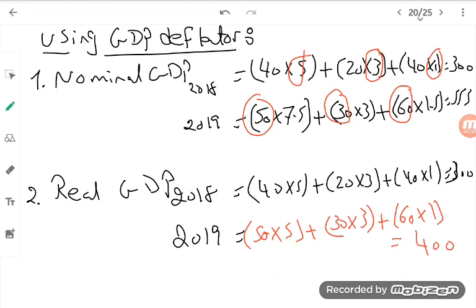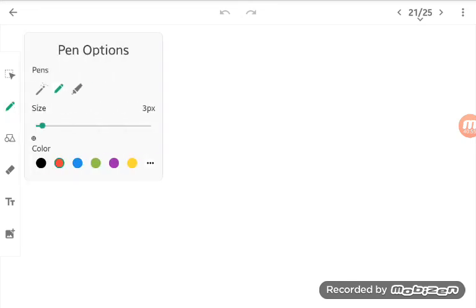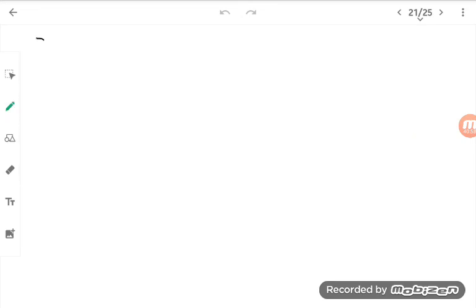Okay, step number 3. GDP deflator 2018 and 2019.